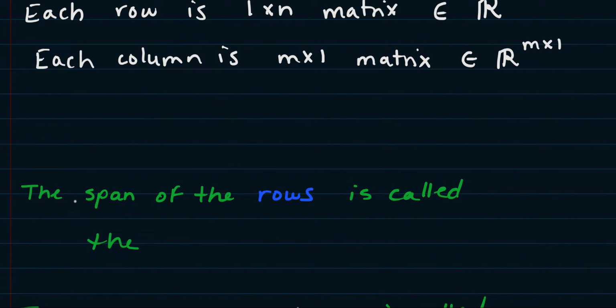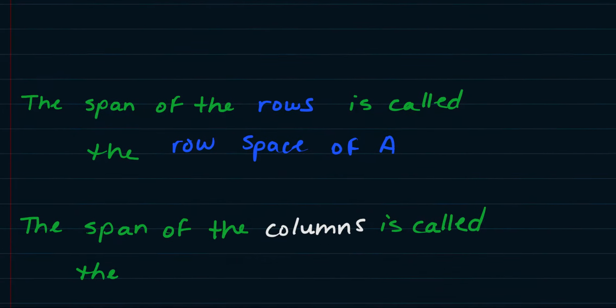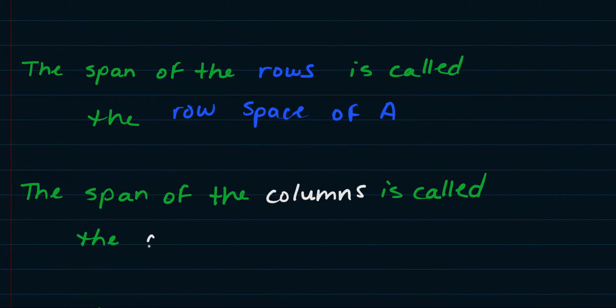So for your matrix A, the span of the rows is called the row space of A. And the span of the columns is called the column space of A.